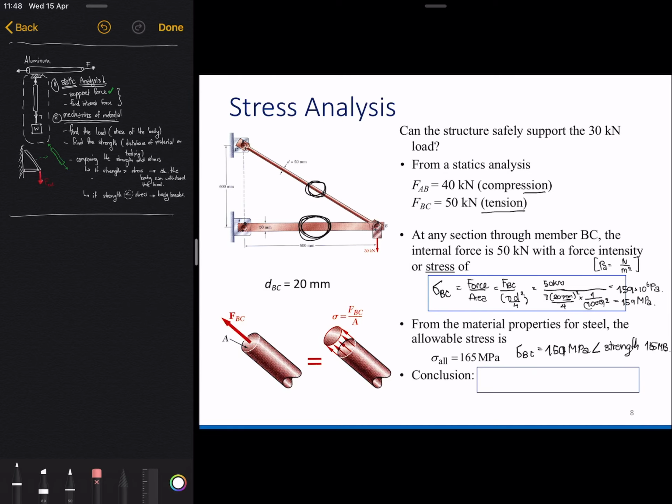What does it mean? It means this rod will not break, because the stress is less than the strength. The strength is the load it can withstand until it breaks, but this load itself has not reached that level yet.